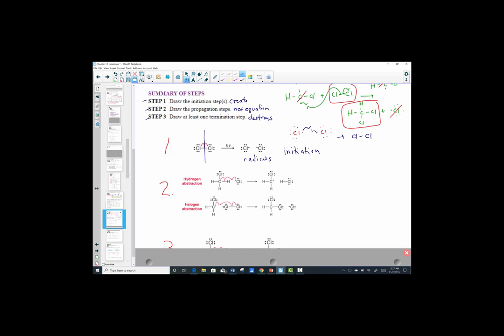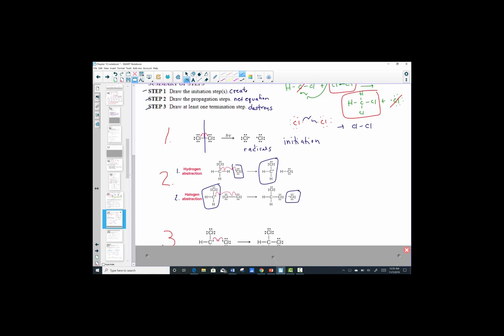In the propagation step, we had step 1, where hydrogen abstraction occurred, and step 2, we had a halogen abstraction occur. Notice that the first radical that is made is then consumed in the next step. The radical we initiated with is brought back to us in the last step, so the reaction can propagate over and over and over until we destroy the radical.